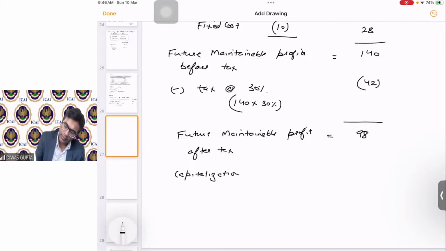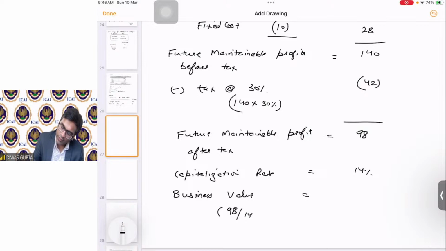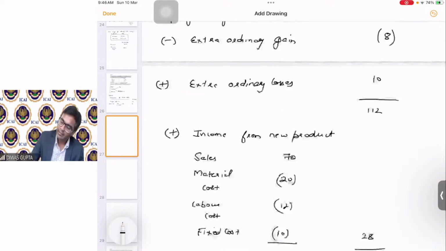Capitalization rate is actually 14%, and hence the business value becomes 98 divided by 14%. 98 divided by 14% is equal to 700 lakhs, right?